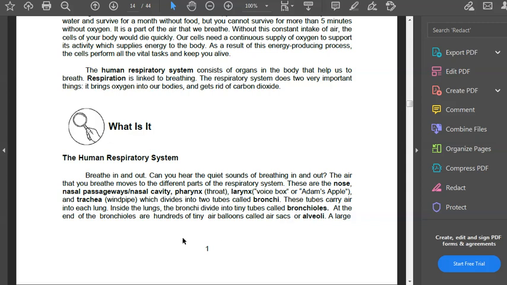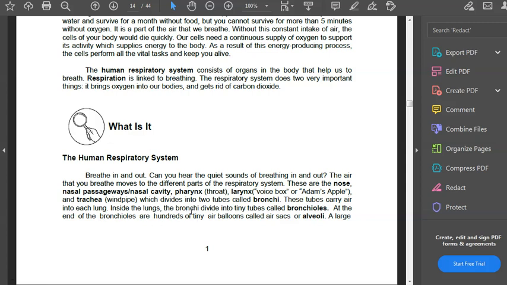These are the nose, nasal passageways or nasal cavity, the pharynx, which is also known as the throat, the larynx or the voice box, or for males, Adam's apple, and the trachea or the windpipe. Then, it goes to two tubes called bronchi, and these tubes carry the air into each lung.